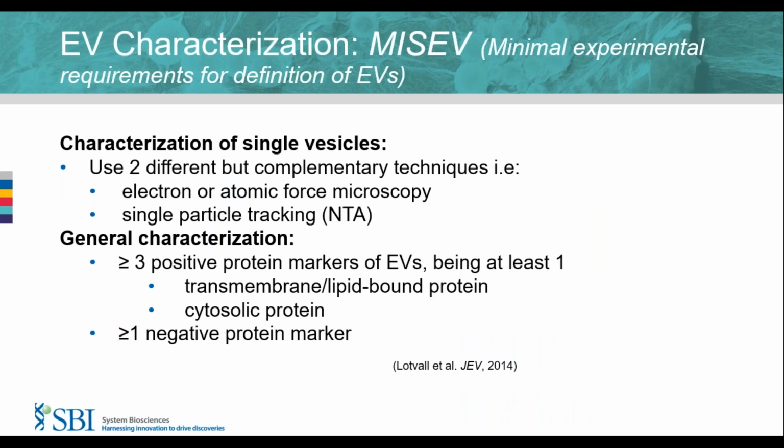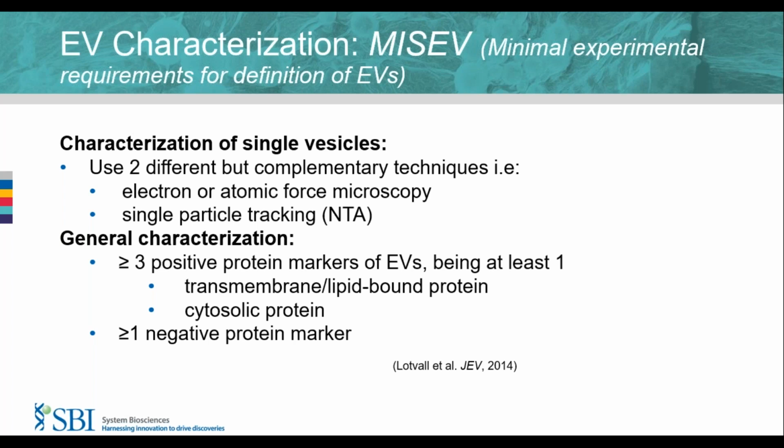So the International Society for Extracellular Vesicles in 2014 came up with the minimal experimental requirements for definition of extracellular vesicles, and a review of this position paper is coming up soon.